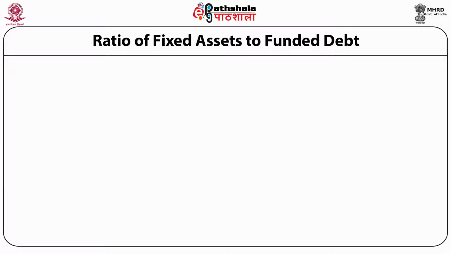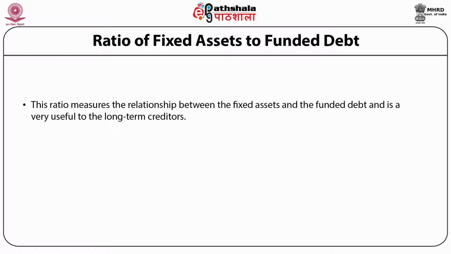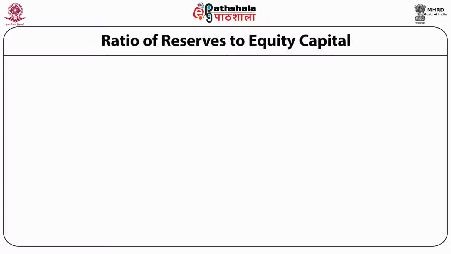Ratio of fixed assets to funded debt. This ratio measures the relationship between the fixed assets and the funded debt and is very useful to the long-term creditors. Ratio of fixed assets to funded debt is calculated by dividing fixed assets by funded debt.